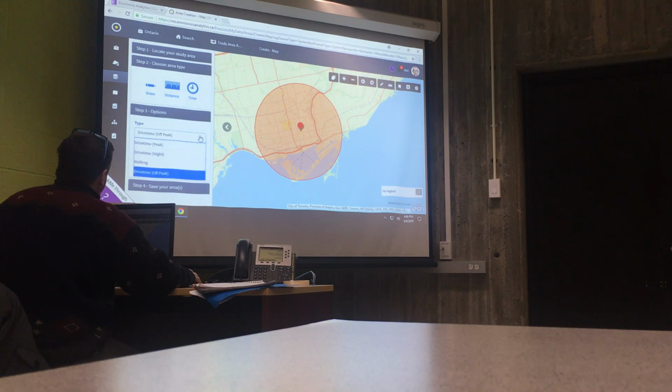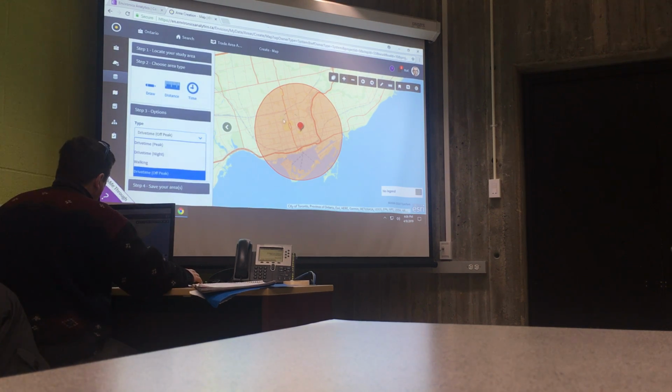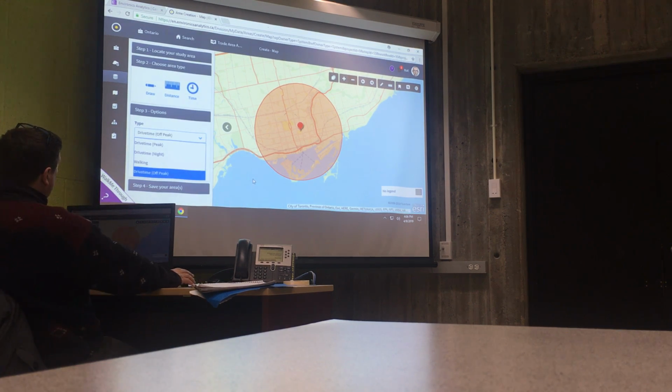You can choose any one of drive time peak, that's sort of 4 to 6 in the afternoon, or 7 to 9 in the morning, which is going to give you a much larger trading area, or walking, or drive time off peak, which is between peak and night.